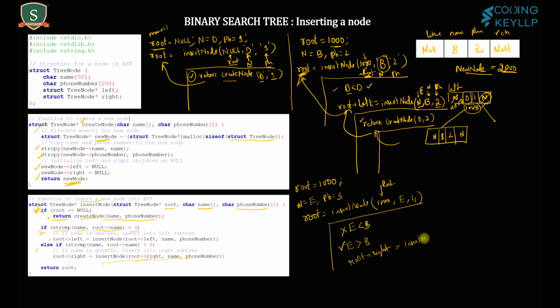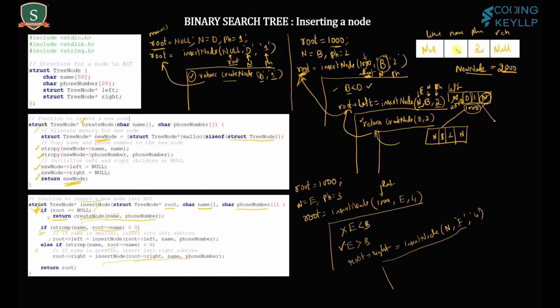So we want to insert a new element over there, so we call the insert node function again. When calling the insert node function, there are 3 parameters that we pass. The root right node is currently null, and the values that you want to insert are E for the name and 4 for the phone number. Now insert node will be called again. First it checks the condition. If root is equal to null, the condition is successful, so create a node.